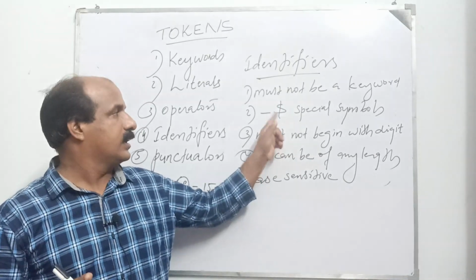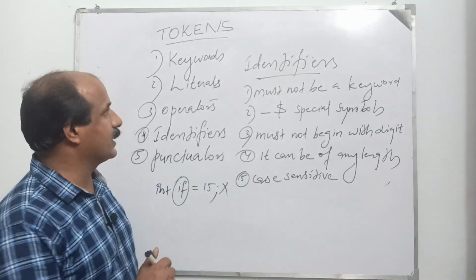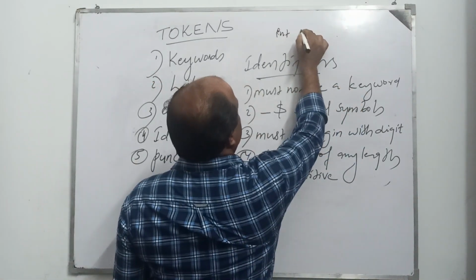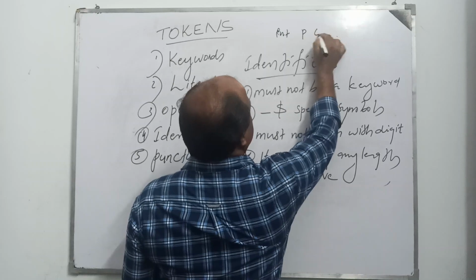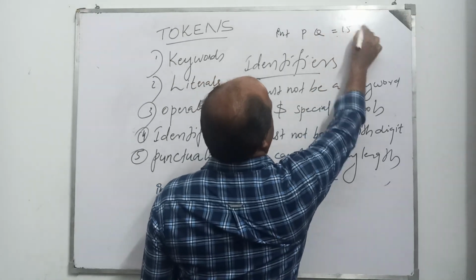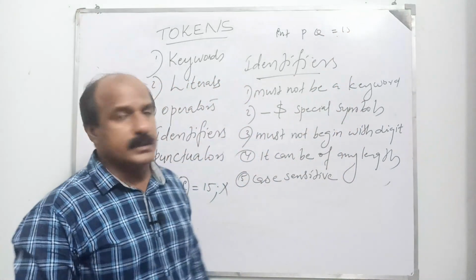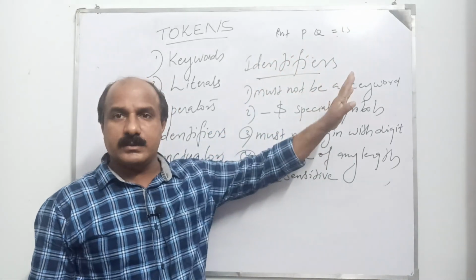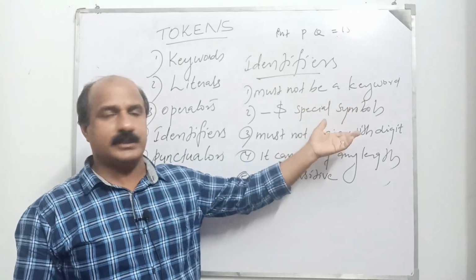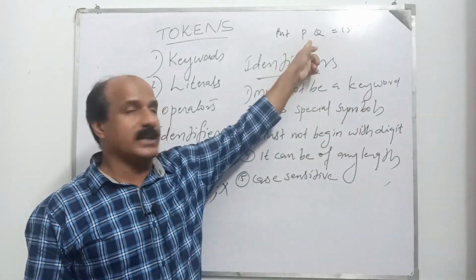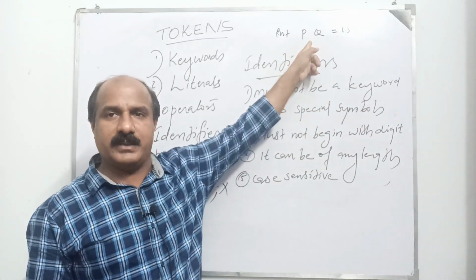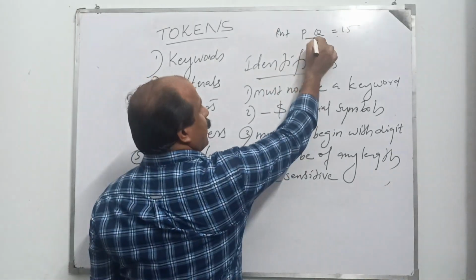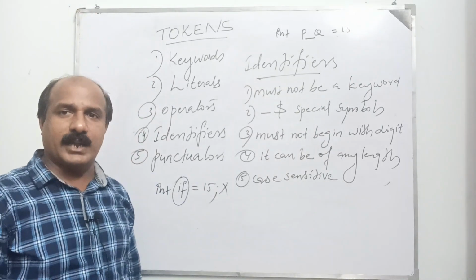Suppose you write int p q = 15, with a space. It is invalid because the special symbol used here is space, which cannot be used. Suppose you want to join p and q, then what can be used? Underscore can be used.